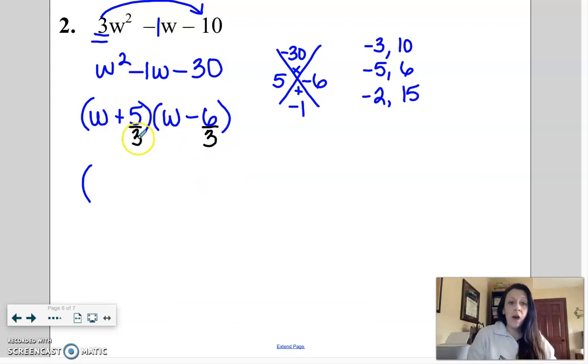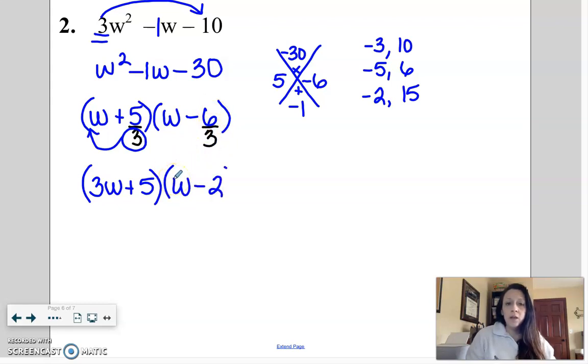So 5 over 3, does that reduce? No, it does not. So we're going to go ahead and slide this guy over. What about 6 divided by 3? Does that divide or reduce? It divides. What is 6 divided by 3? That is 2. So you would not be sliding because it divides evenly.